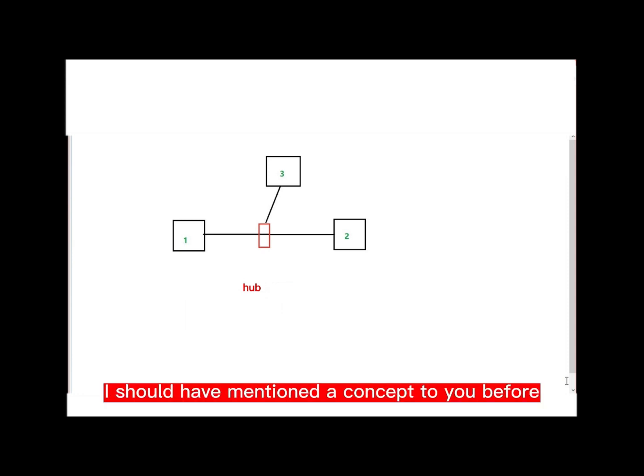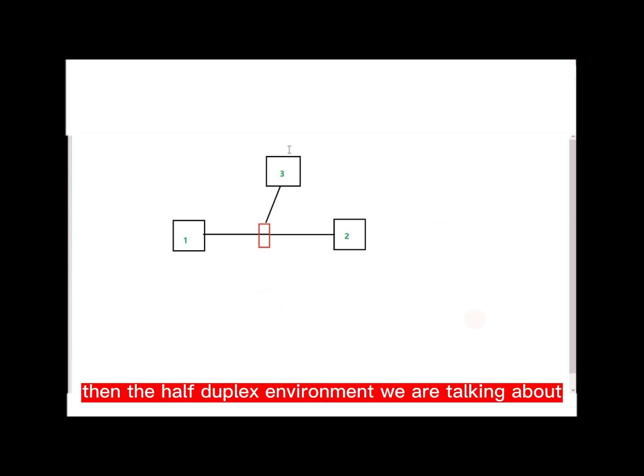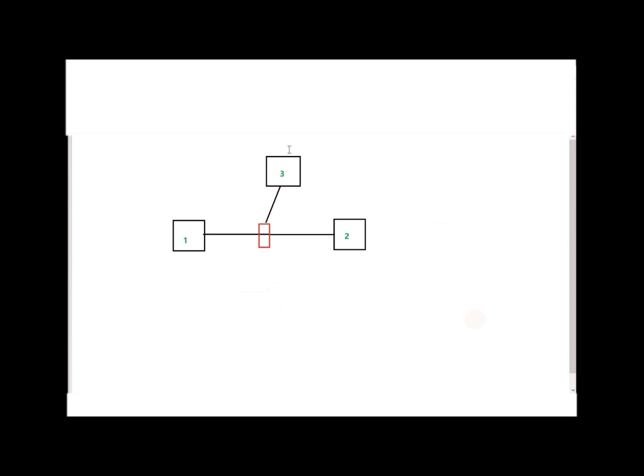I should have mentioned a concept to you before: collision domain. If the data is within a certain range and a collision occurs in the process of sending, this is called a collision domain. Then the half-duplex environment we are talking about is a typical collision domain. Now PC1 sends data.